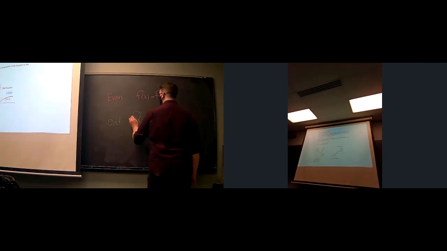Odd is going to be the case where the negative of your function evaluated at x is equal to your function evaluated at negative x. What does this definition mean? What do these things look like?